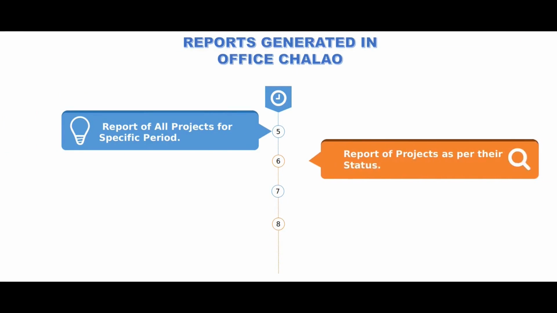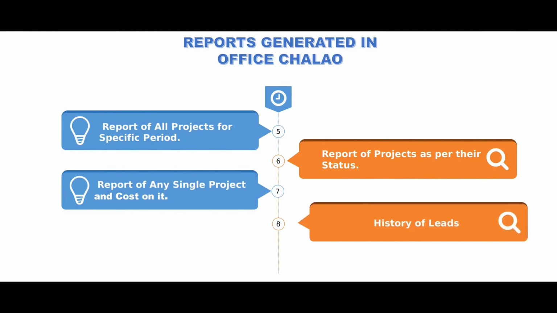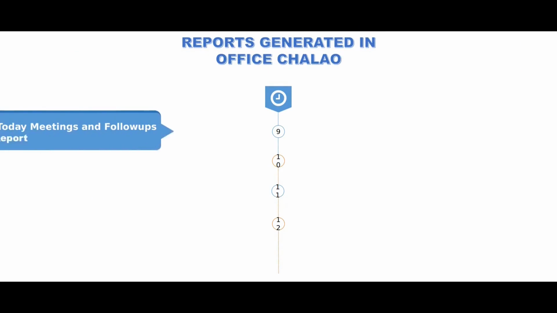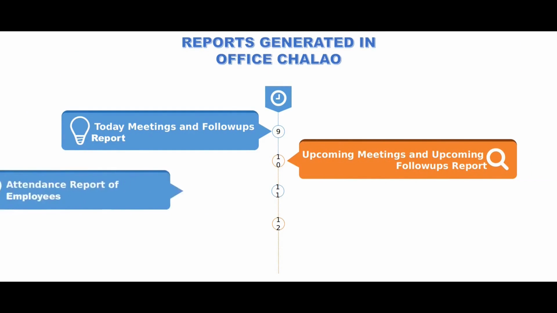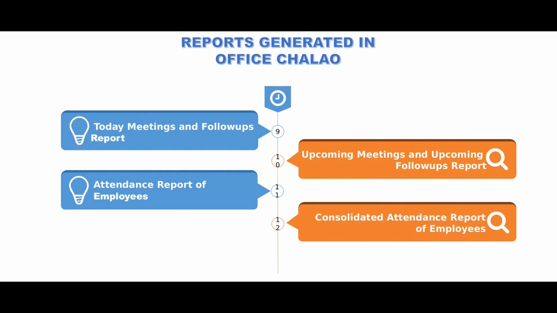Report of all projects for a specific period showing cost of employees, report of projects as per their status, report of any single project and cost on it, history of leads. Today's meetings and follow-up report, upcoming meetings and upcoming follow-up report, attendance report of employees, consolidated attendance report of employees. Let's go through every report in detail in the further section of this video.